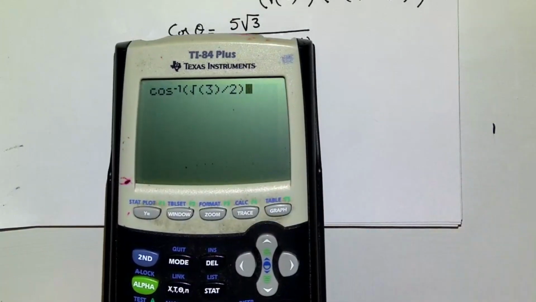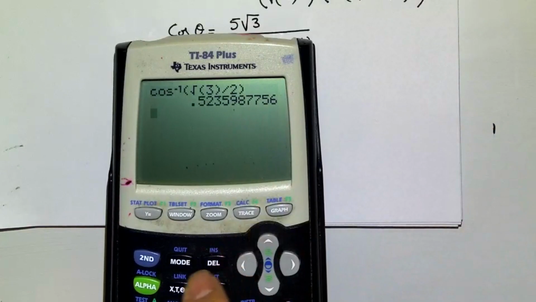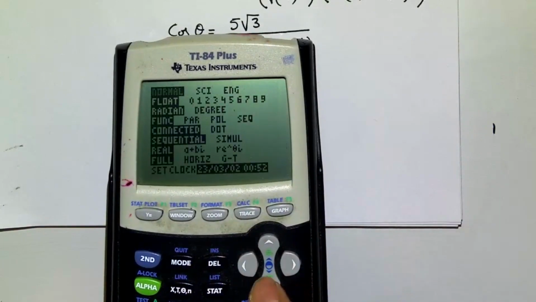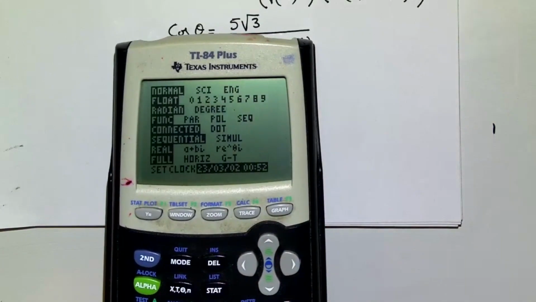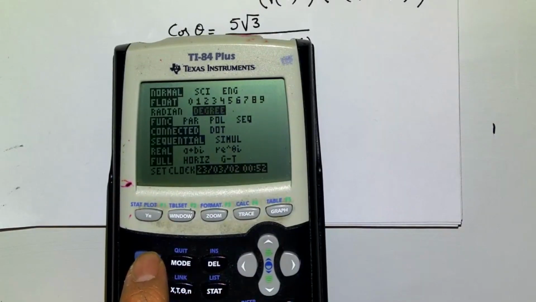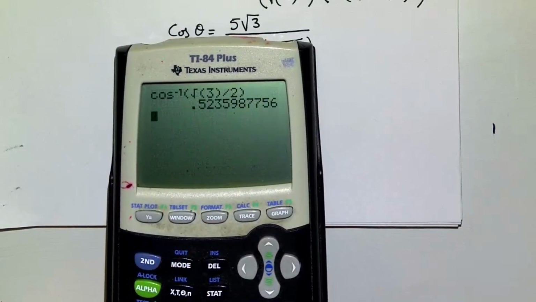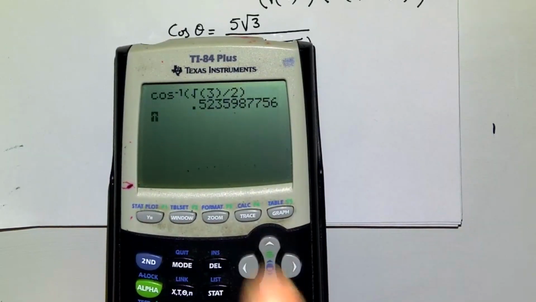Now close the parentheses, and now we should be able to see, yes. And that's in radians, because I just changed this. So let me go back and change it to degrees mode, and everything should be back to normal. Okay, so that's degrees. And we're going to repeat that, and this time we should get 30 degrees.